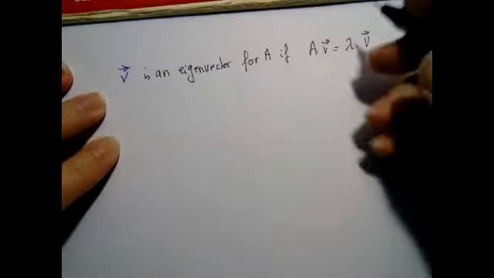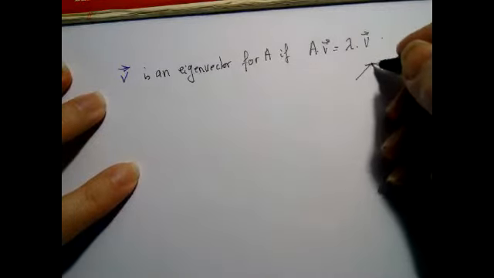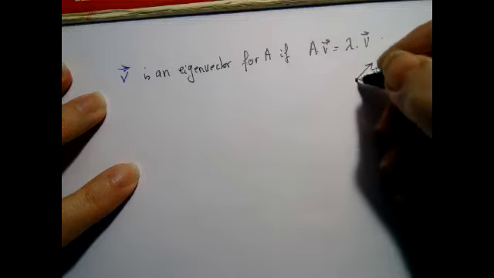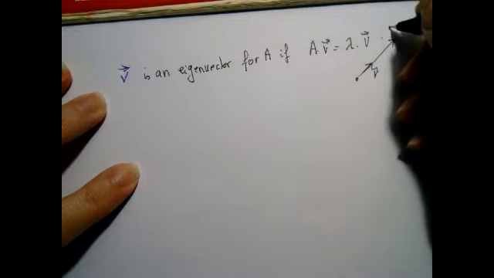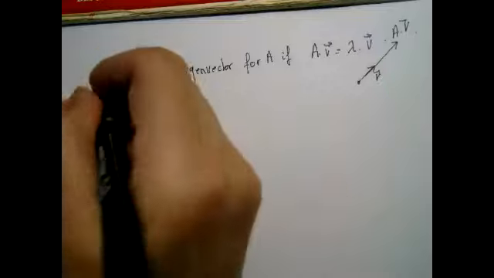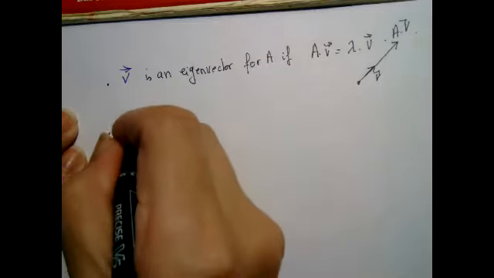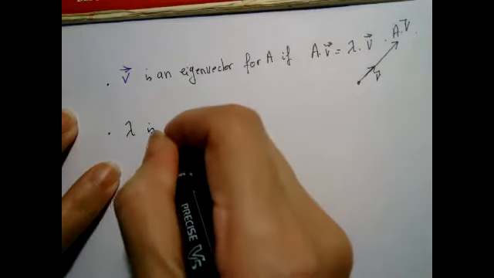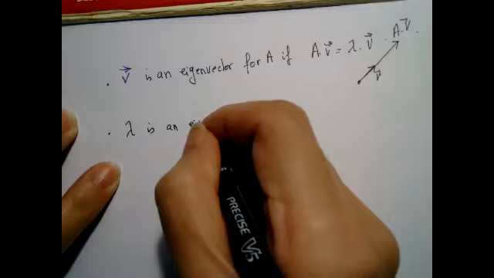It means when A acts on it, A will stretch it. And that's the picture that you always see whenever you hear eigenvector. So AV is a scalar times V, okay? Then lambda is an eigenvalue. These are the definitions.